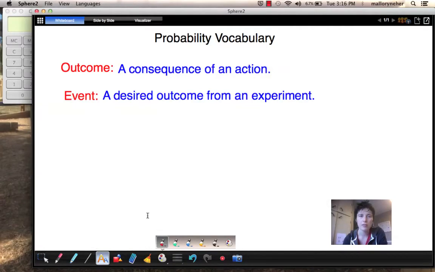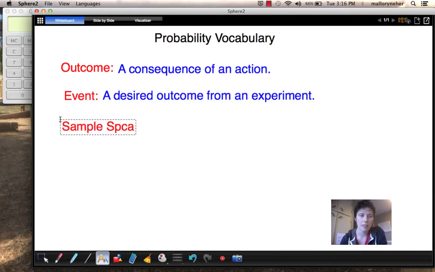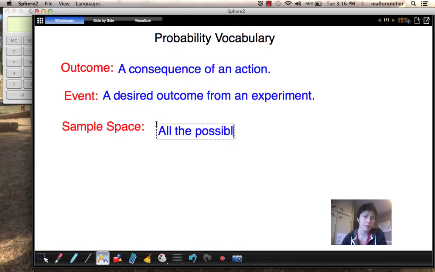Okay, let's keep going. We have outcome, we have event. The next word is sample space. Sample space is all the possible outcomes of a situation.